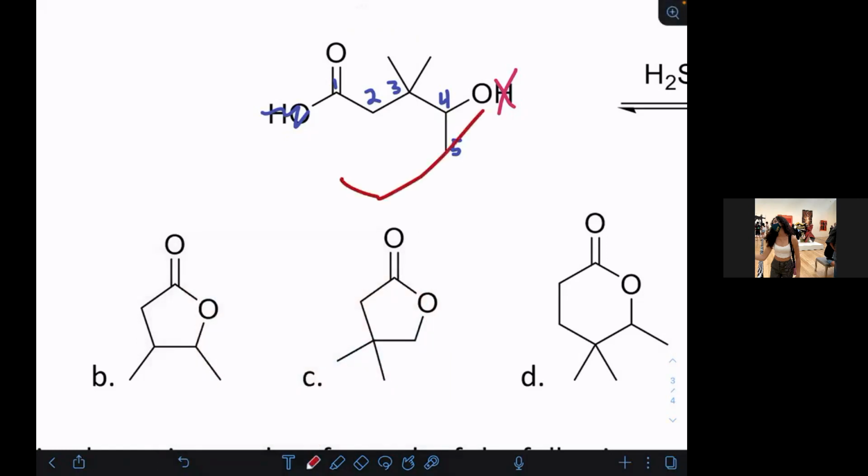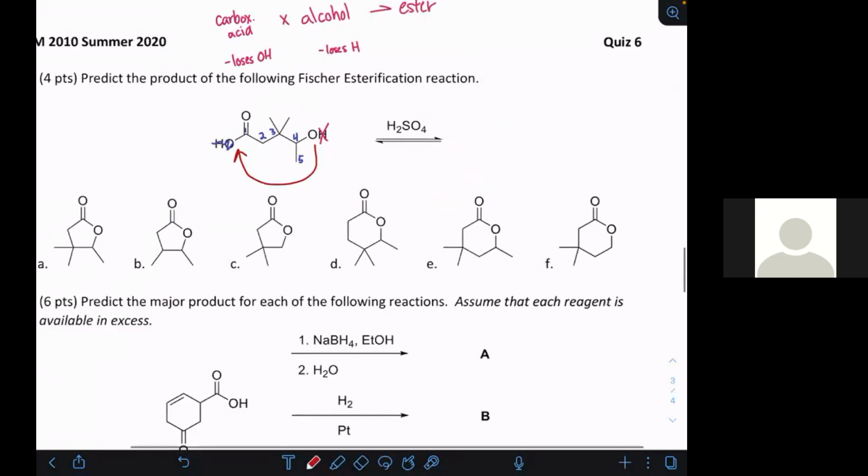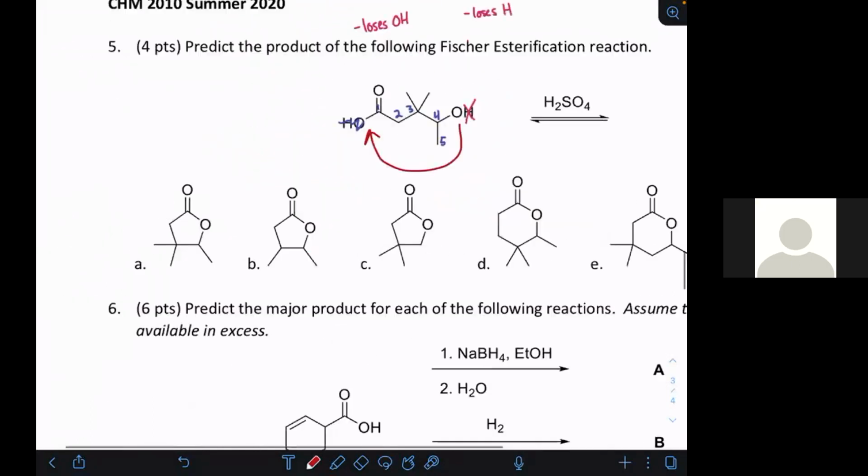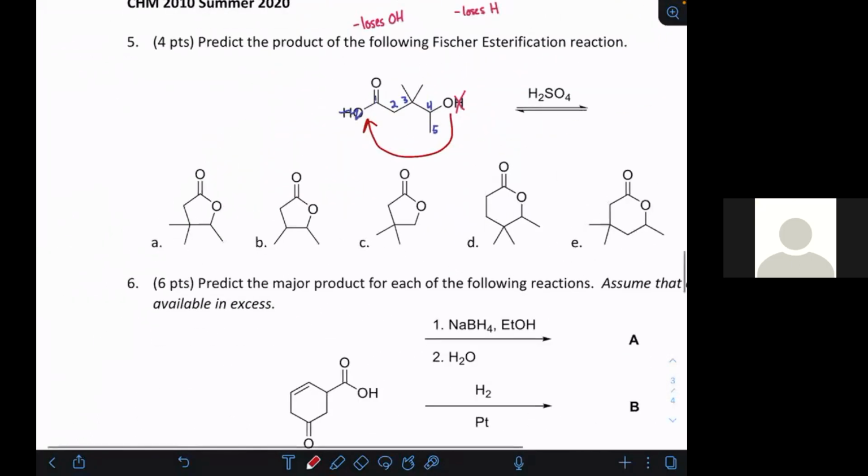But the way it's numbered right now, it would only have 4. So your 5th would be a methyl. If you rotate it around, it becomes a methyl.